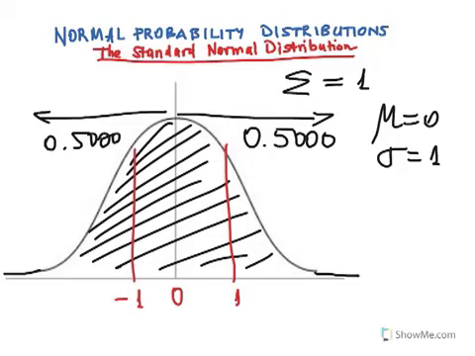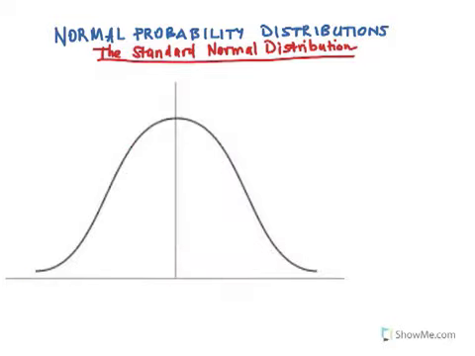And the last property of a standard normal distribution is that nearly all area here is between a z of minus 3.00 and a z of 3.00. So nearly all of the area is between z of minus 3 to z of plus 3. Okay.